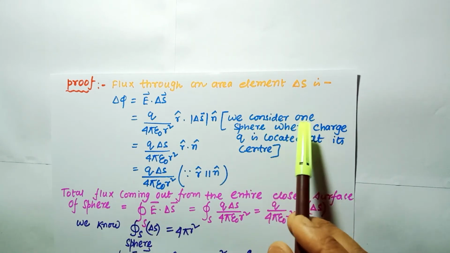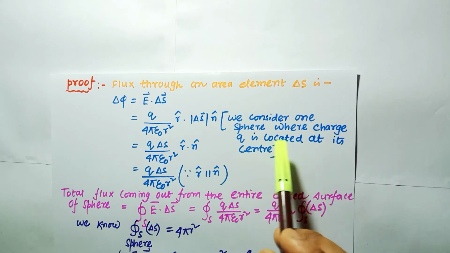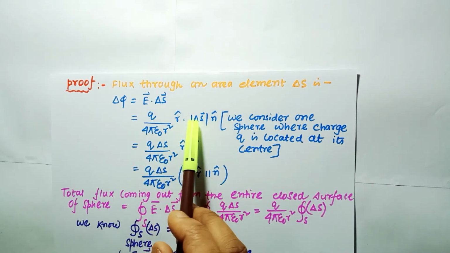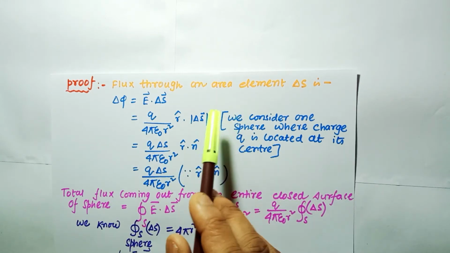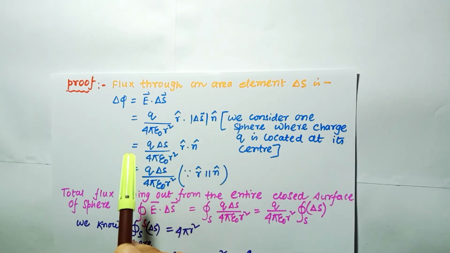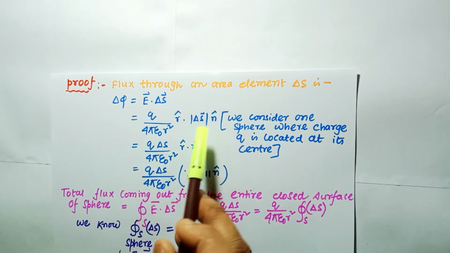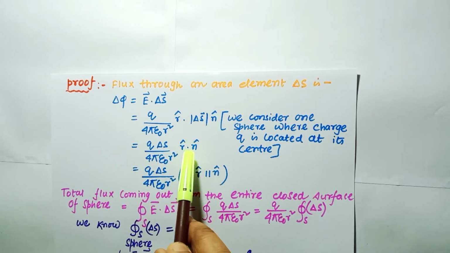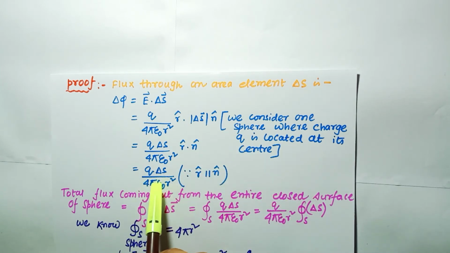We consider the Gaussian surface to be a sphere, without loss of generality, where the charge q is located at its center. As I have already told you, the direction of the electric field and the normal of the surface are in the same direction, so the theta value is equal to 0 degree. So it becomes q delta S divided by 4 pi epsilon naught r square, r cap dot n cap, and the angle between them is 0 degree. So it is q delta S divided by 4 pi epsilon naught r square.